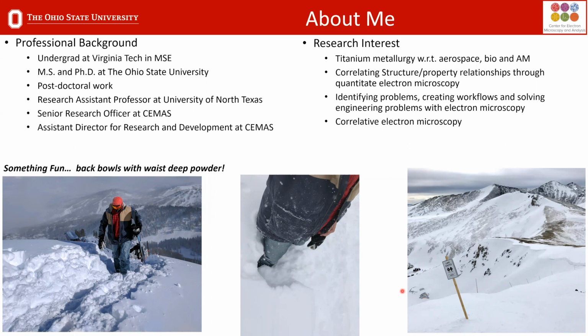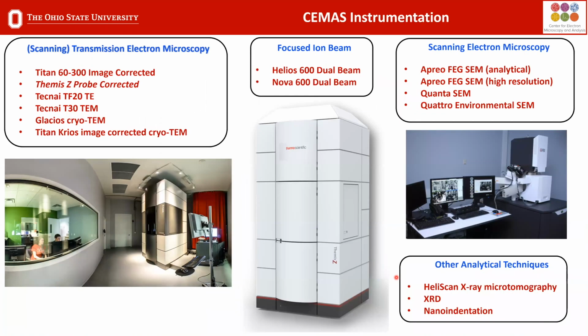I think something that hopefully is a little bit more fun to all of us would be the CEMAS instrumentation. The staff and faculty at OSU have worked very hard to produce a facility that is world-class. It could arguably be considered the best facility in the world.